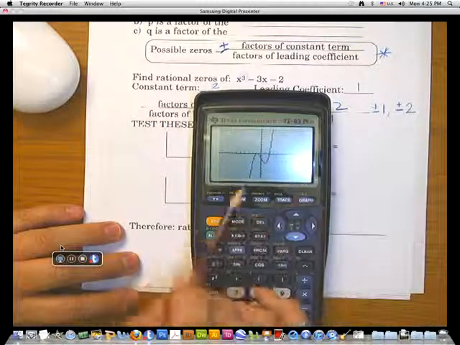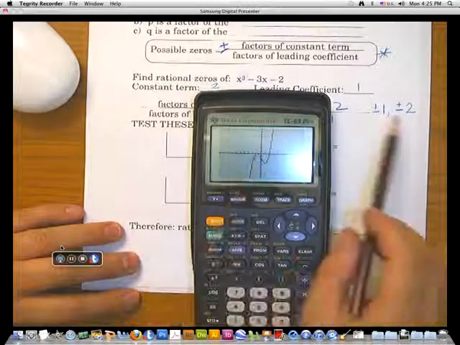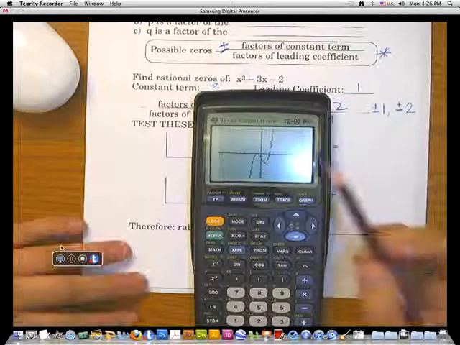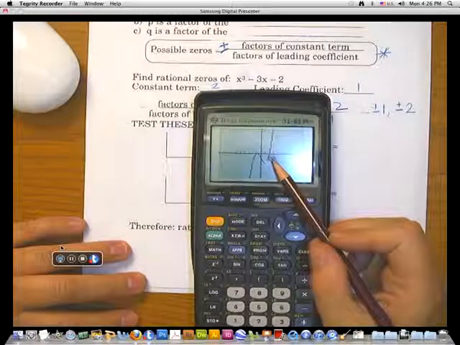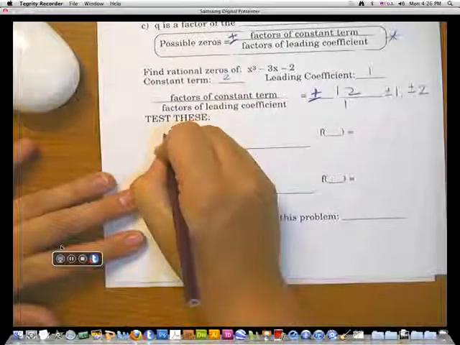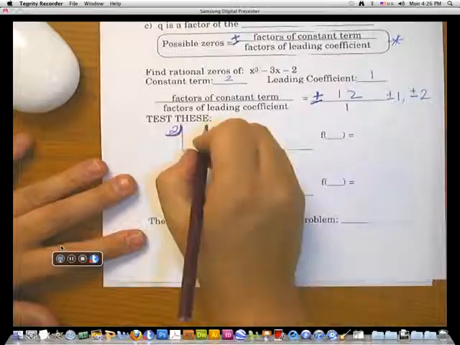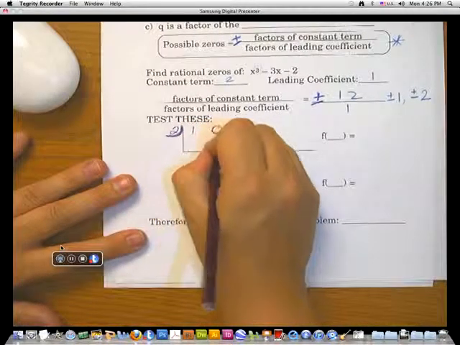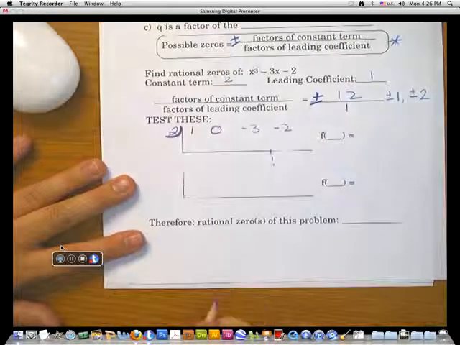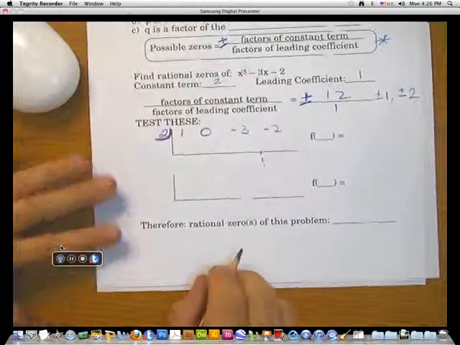So what we're going to do is pick one of these points, and go through our synthetic division and come up with the other factors. It looks like 2 is definitely going to be a 0. So let's try 2. Set up our coefficients so that we have all positions represented, knowing that the last one is a remainder.